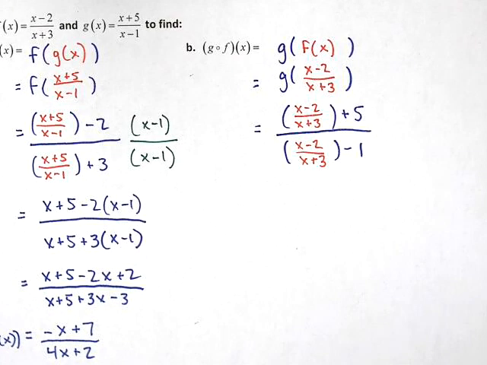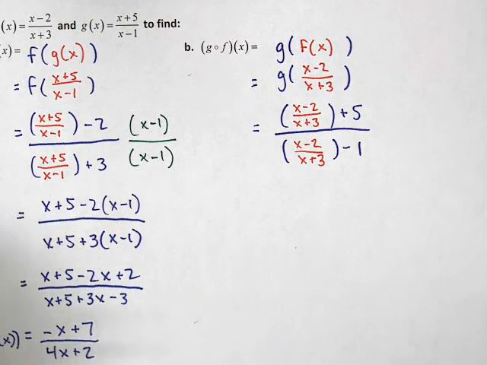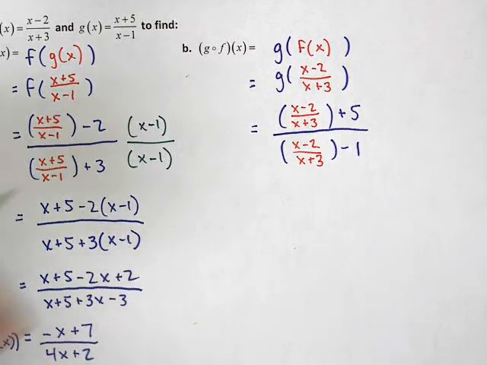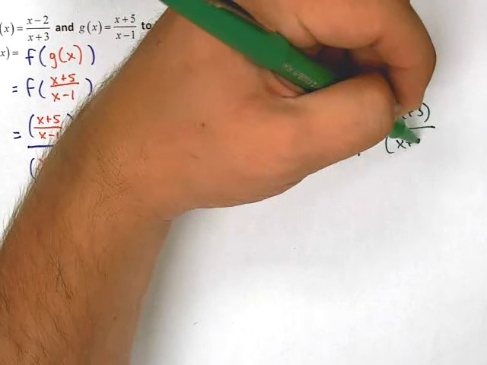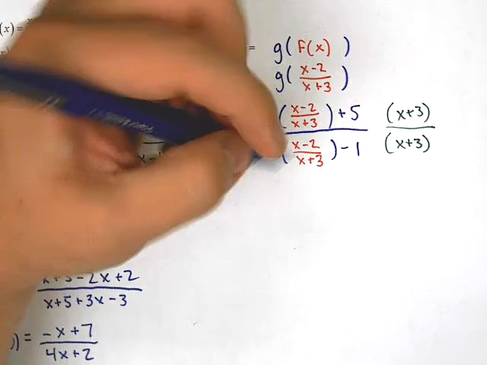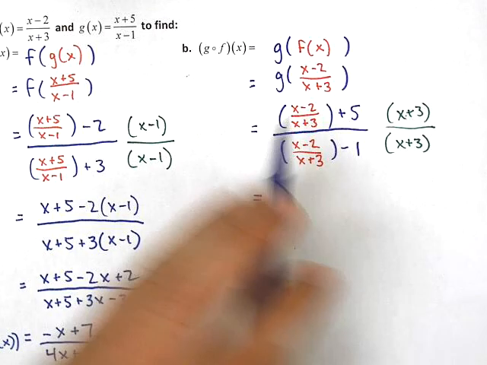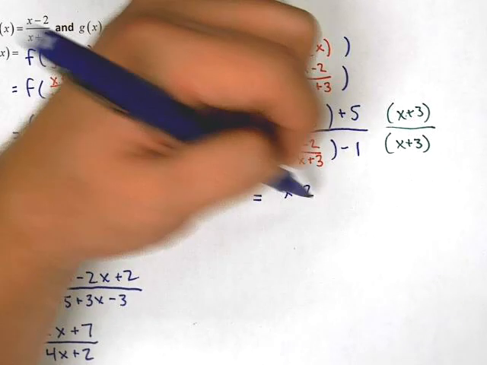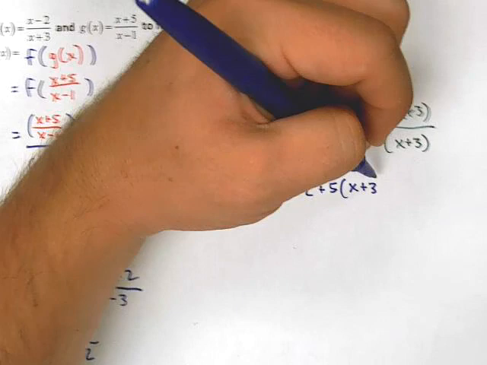This one is going to do what? What is our common denominator here of both of these pieces? You said it. x plus 3. All right, so when we go and we distribute, remember these are going to cancel each other out, so we're just left with x minus 2 plus 5 times the quantity x plus 3.